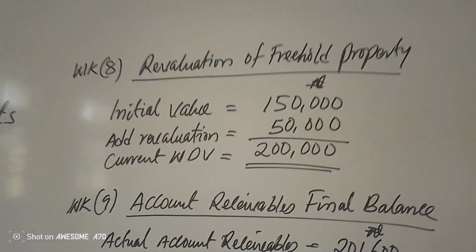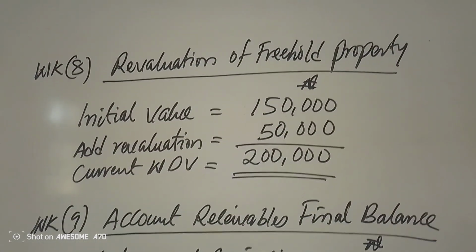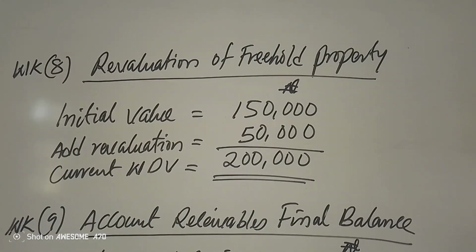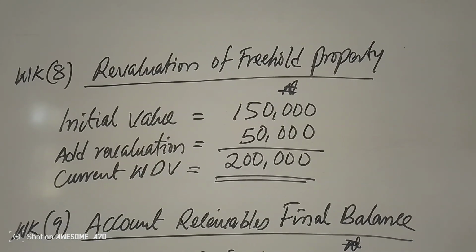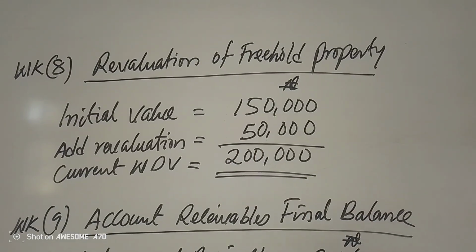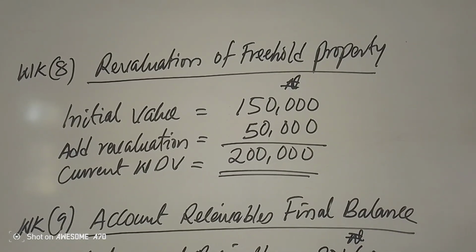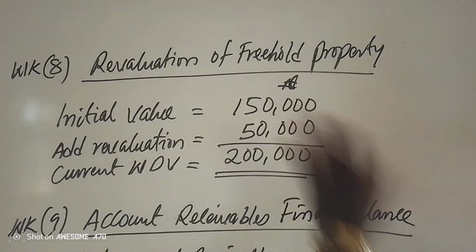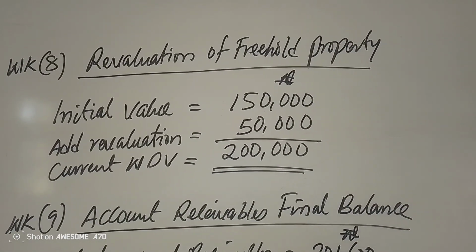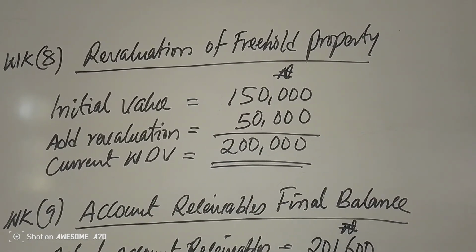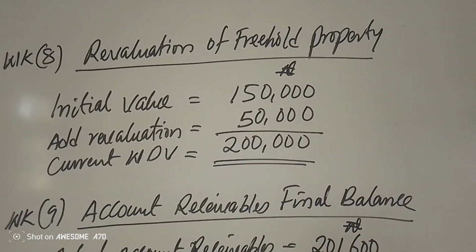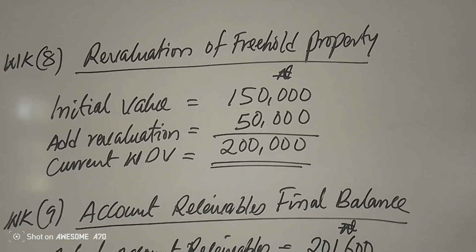Revaluation is for you to determine whether we have what is called revaluation surplus or increase or decrease, as the case may be. Now, the initial value of freehold property was 150,000. But if you go down the additional information, it is clear that freehold property was revalued up to 200,000.